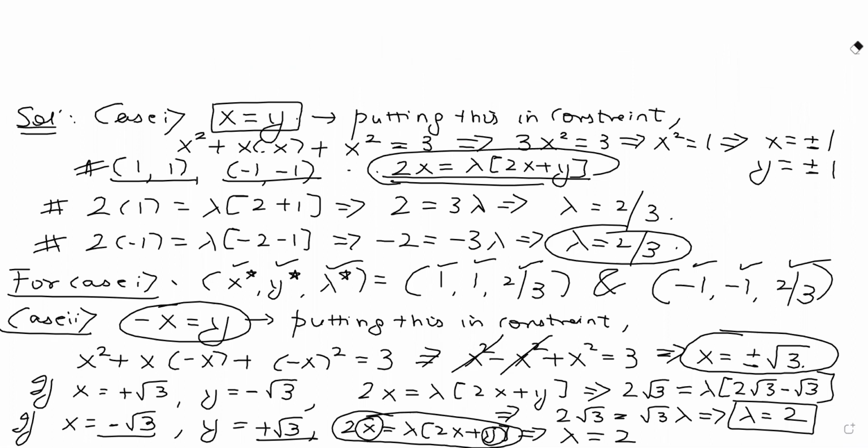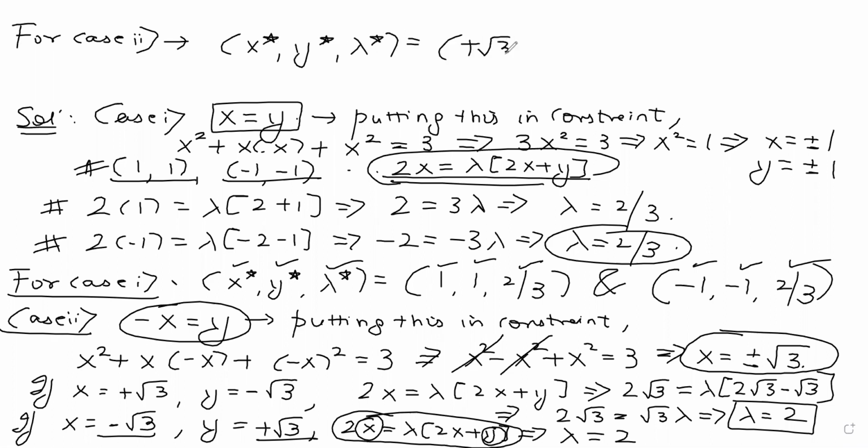So for case 2, my optimum solution x star, y star, lambda star is either plus root 3, minus root 3, 2, or another possible solution we can have is x star is minus root 3, y star is plus root 3, and lambda is again 2. So these are the values I get.